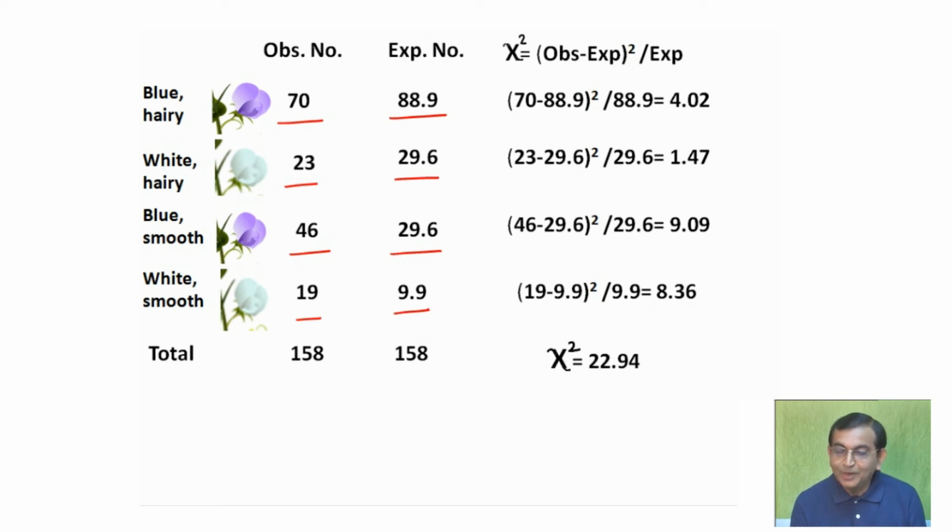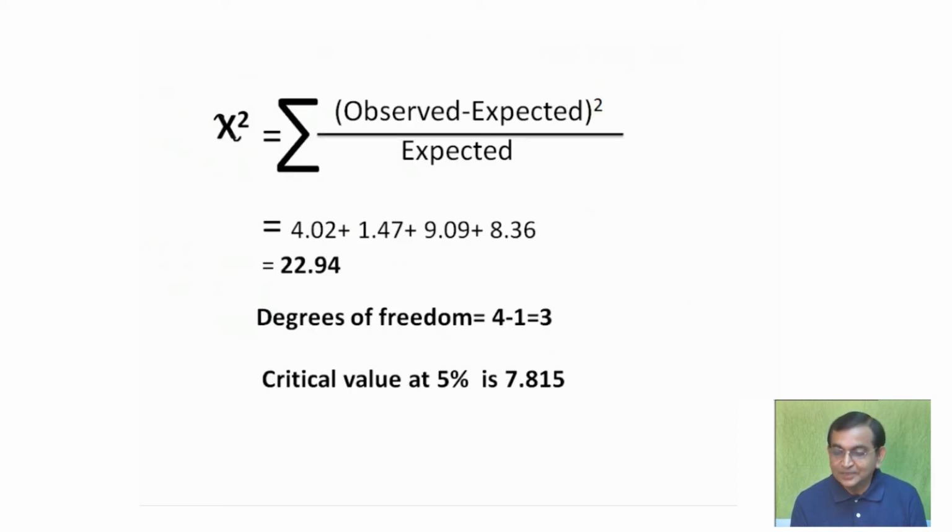For the second data set, the Chi-Square value was found to be 22.94. There were 4 phenotypic classes in this experiment also, so degrees of freedom is 4 minus 1 equal to 3.